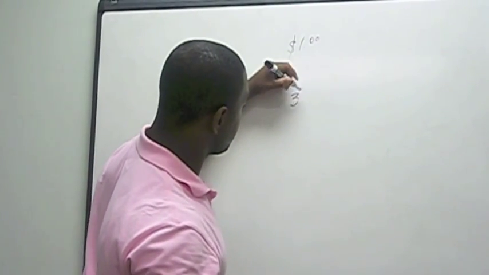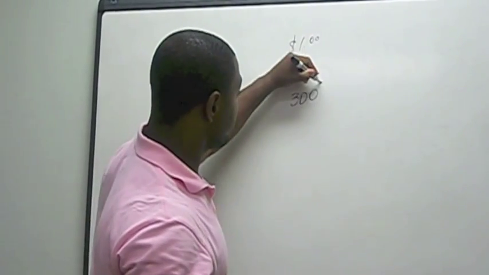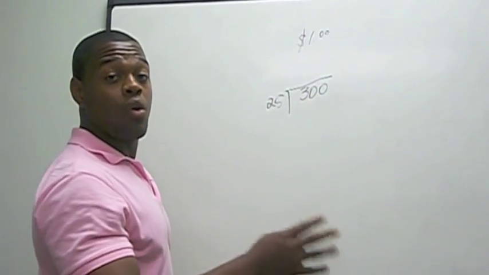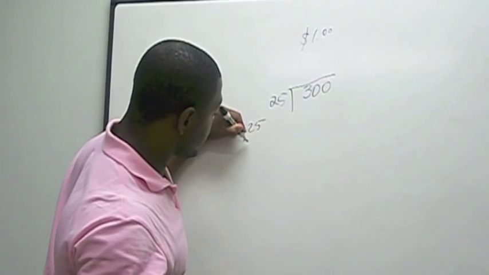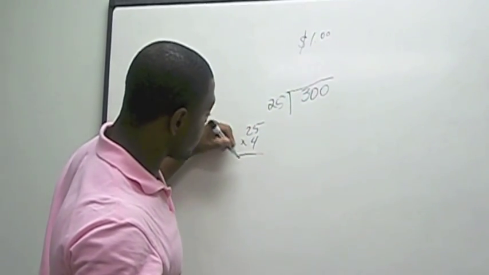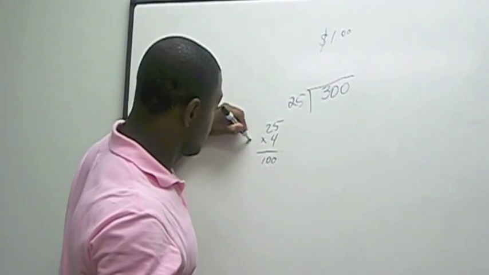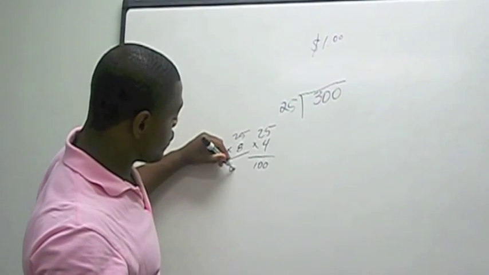You may think this isn't very important until you decide to divide something. So let's say 300 divided by 25. Immediately we know that there are 4 quarters in a dollar, which makes up 100. So 25 times 4 is going to make up 100. There are 8 quarters in $2.